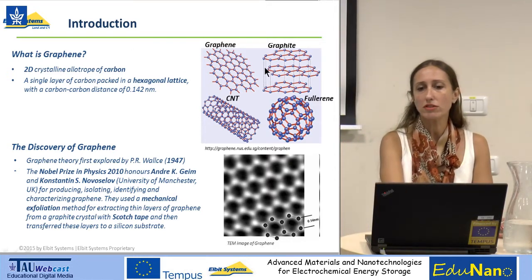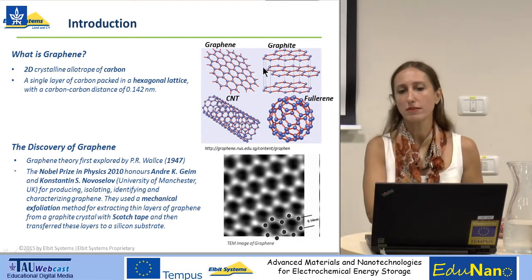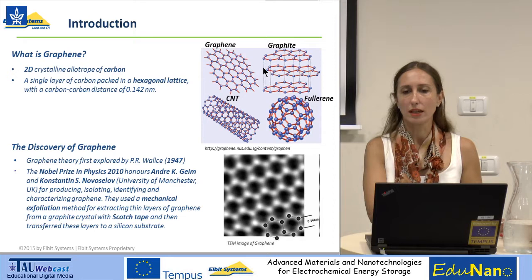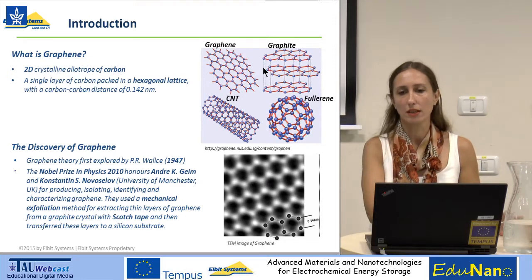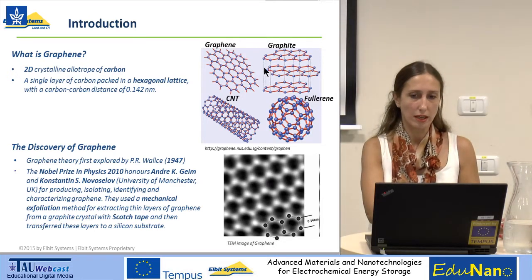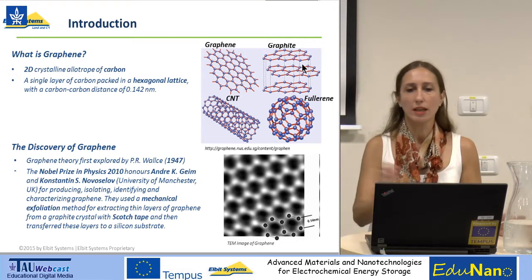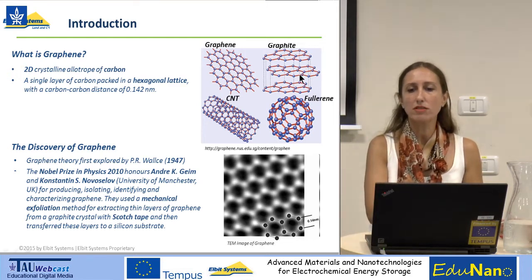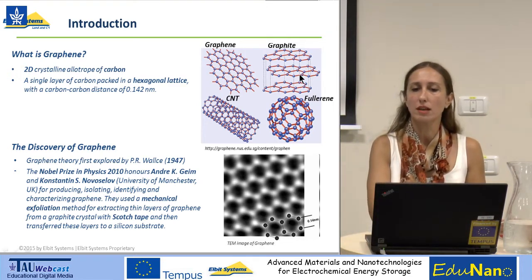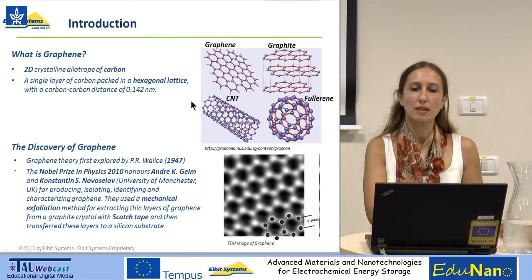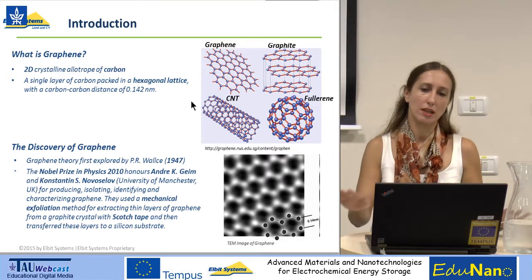So actually the origin of graphene comes from graphite. Graphite is the most common carbonaceous material, also being introduced in pencils and so on. So graphene actually is one single layer of graphite, and it can also be envisaged as a carbon nanotube that has been cut open.